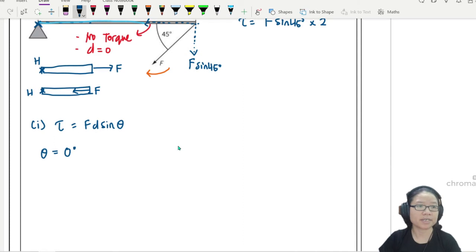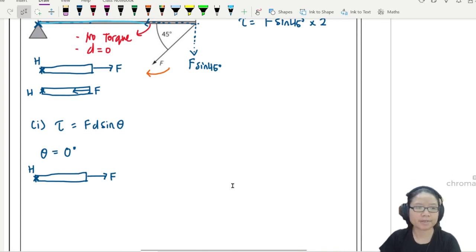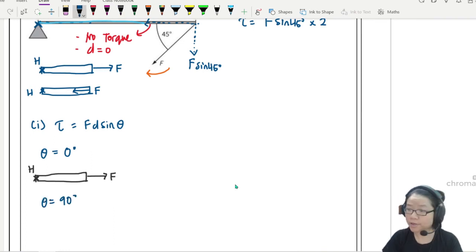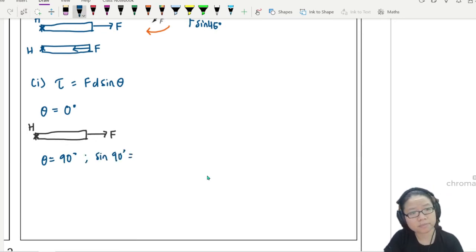That means F and D are parallel, like the cases that I drew on top here. You could also have cases where theta is equal to 90, very nice, because sine 90 is 1. So in these scenarios, you don't really need to resolve anybody.